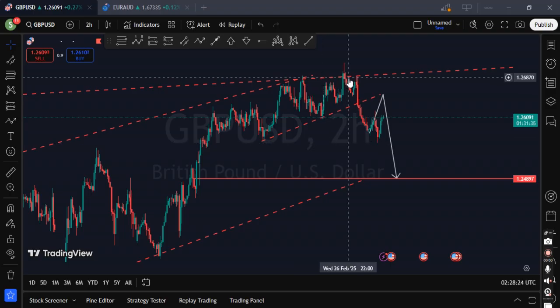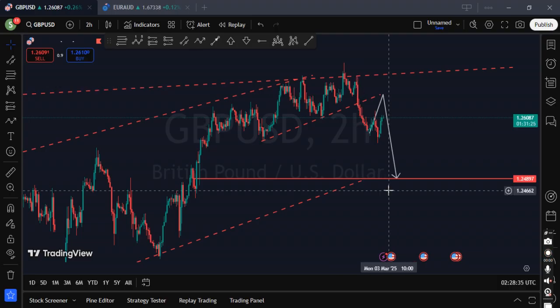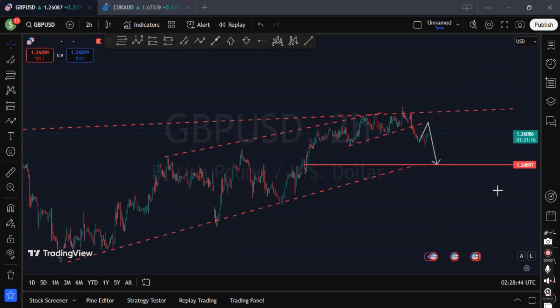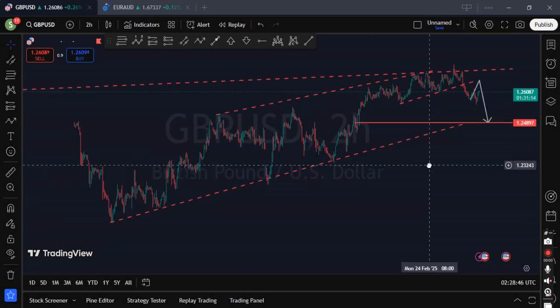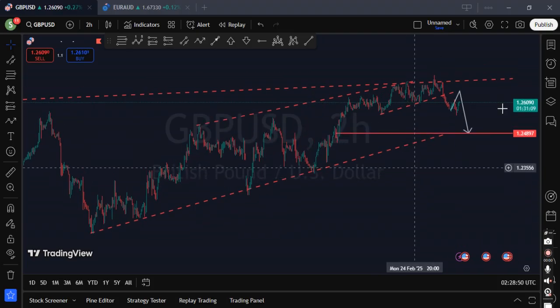Remember, we caught GBP USD here last week, and now it's moving down. So we are expecting it to come and test this point before it continues to move down. There's not much to actually talk about on GBP USD. That is what we have.